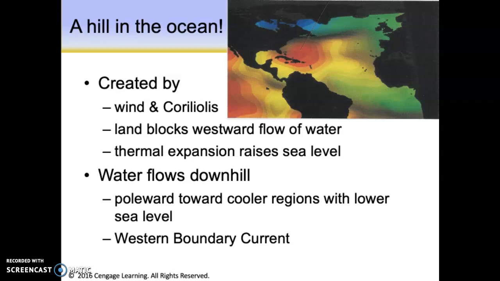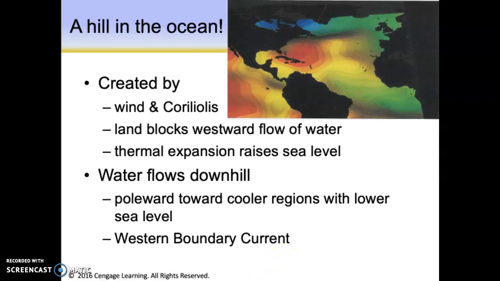And so the tendency is for the water, in this case, to flow toward the north along the east coast of the United States. And so it creates a strong current that's called the western boundary current. And the western boundary current is located along the western side, in this case, of the Atlantic Ocean.